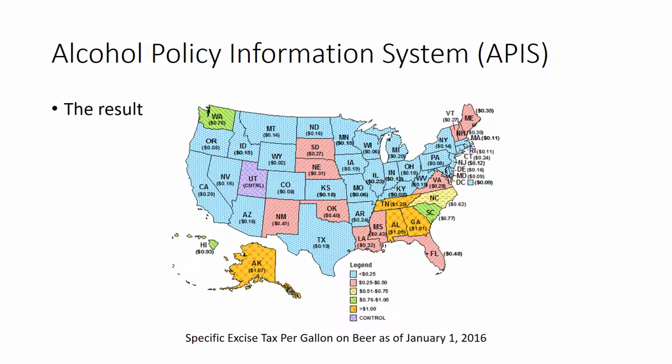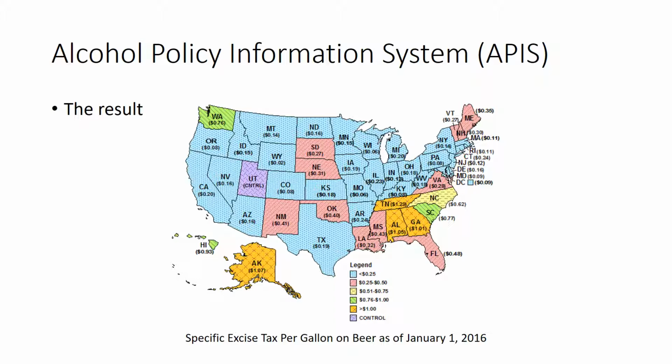And by doing so, you can generate maps such as this. This came straight from the APIS website. This is looking at the specific excise tax per gallon of beer per state as of January 1st, 2016. They didn't have the 2017 data available yet when I pulled this map.